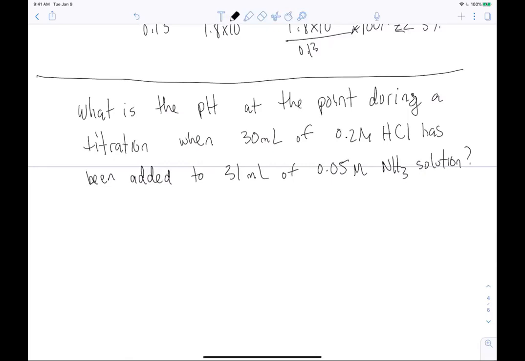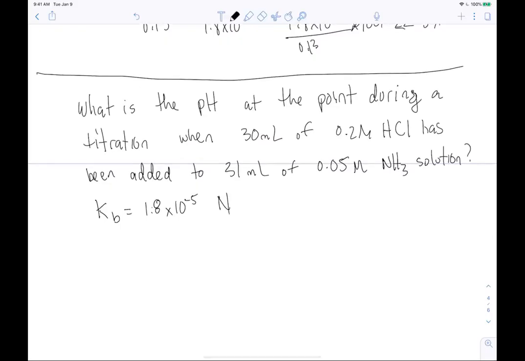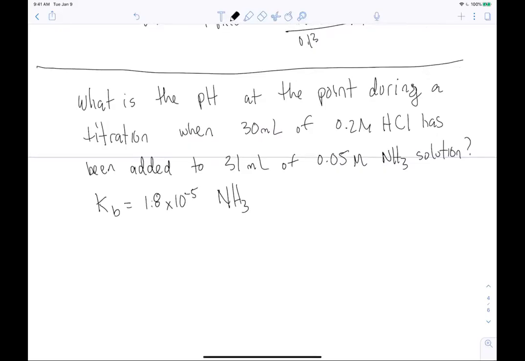And then it tells you that HCl is a strong acid, which you should know, and that the Kb is equal to 1.8 times 10 to the minus 5th for ammonia. All right. So what is the pH at the point during titration?